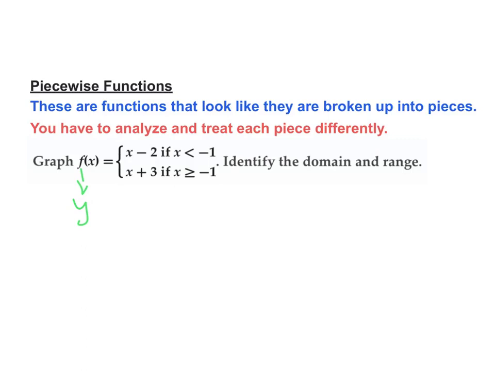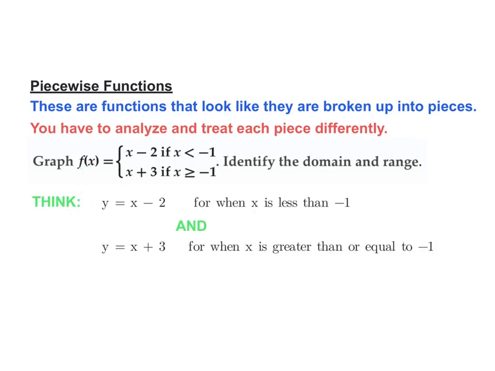Okay? So here's the way you want to think. y equals x minus 2 when x is less than negative 1. So it's conditional. These are the conditions. When x is less than negative 1, you use this rule.